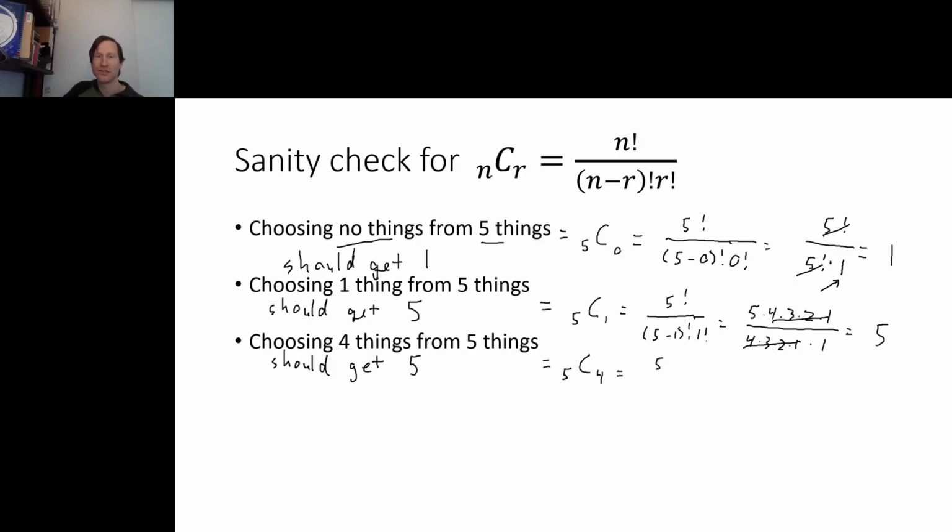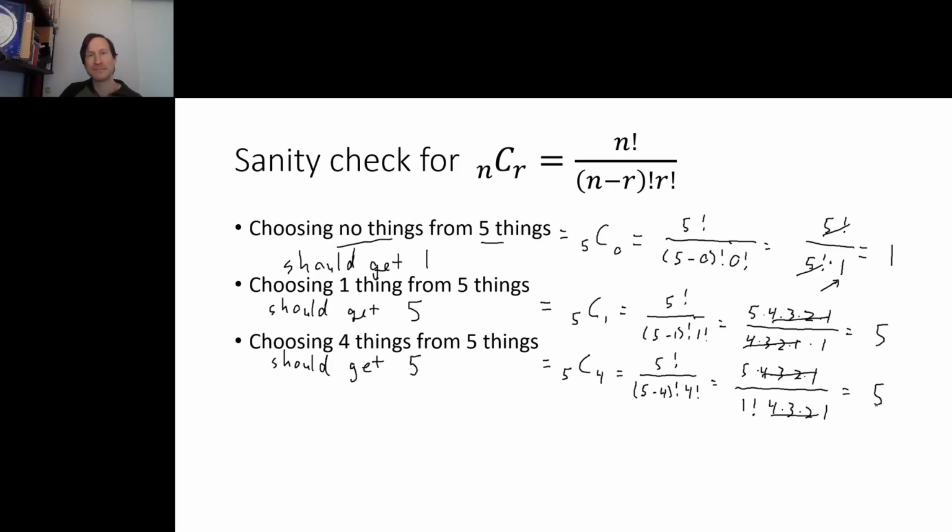So this is 5 factorial over 5 minus 4 factorial times 4 factorial. Now the numerator is 5 times 4 times 3 times 2 times 1 again. 5 minus 4 is 1, so 1 factorial. And then 4 factorial is 4 times 3 times 2 times 1. And again, so much simplifies that we just get 5.